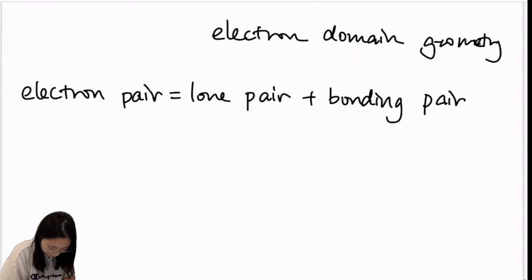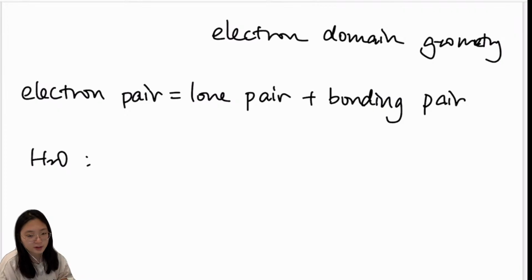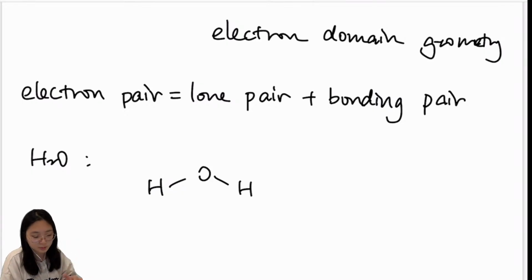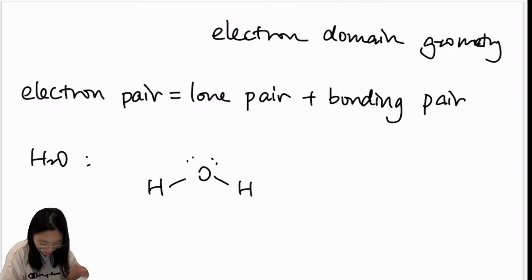So for example, for water, H2O, first off, we need to start from the Lewis dot diagram. Oxygen is in the middle as the central atom. It's bonded to 2 hydrogens by single bonds, and the oxygen has 2 lone pairs. So how many electron pairs does the central atom oxygen have?